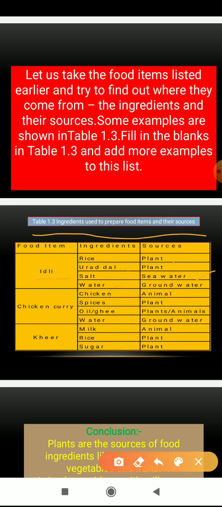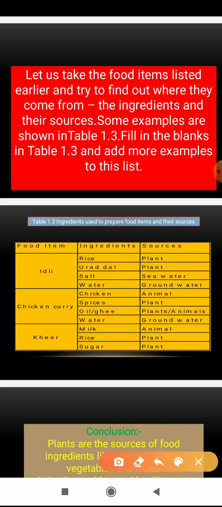We use water for drinking, cooking and different activities. We use groundwater, which we draw from a pump or motor, and the government provides us water through a tap. So the source of water is groundwater.